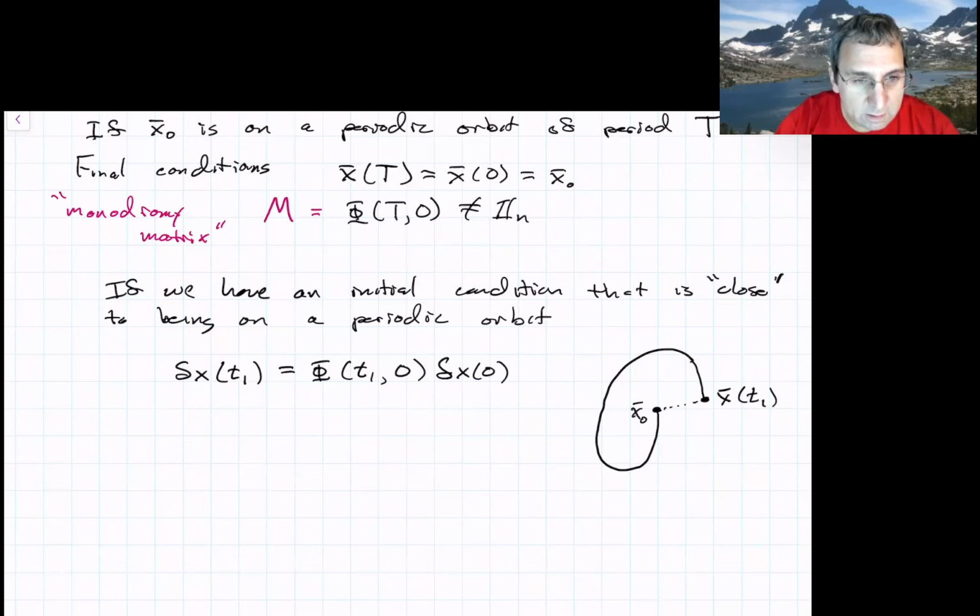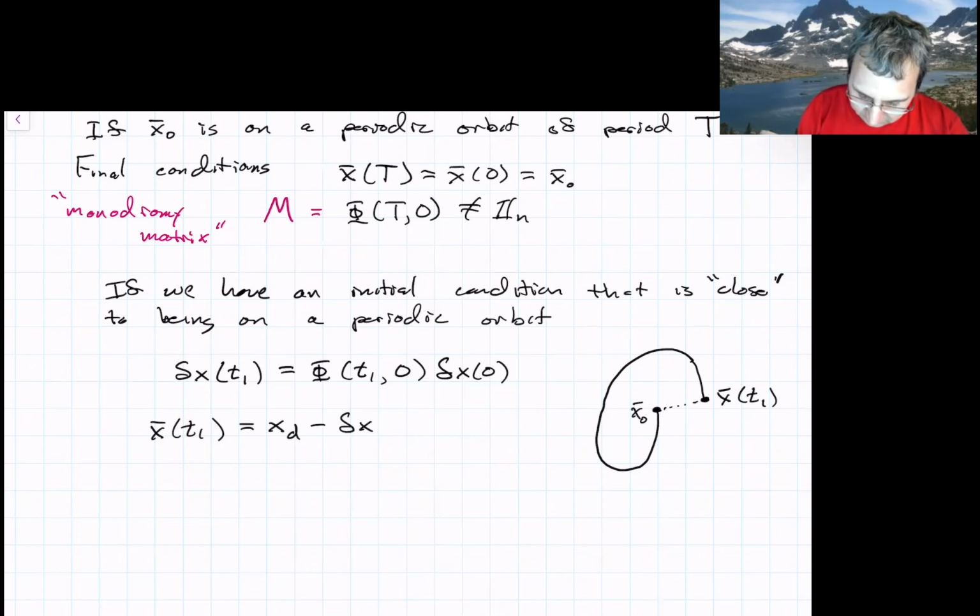So let's say x bar at T1 is our x desired minus delta x at time T1.